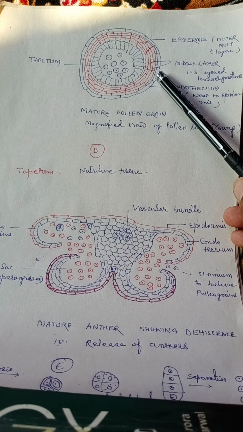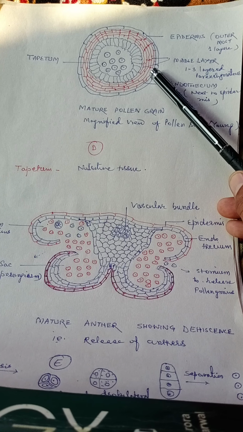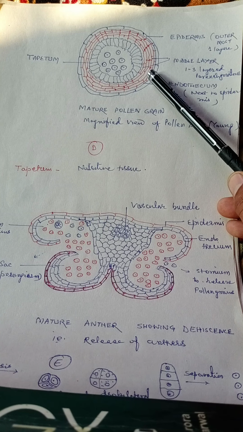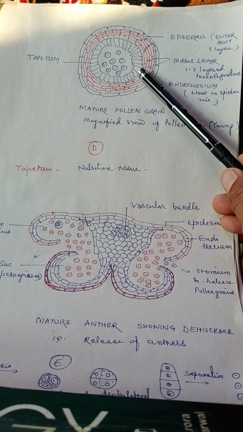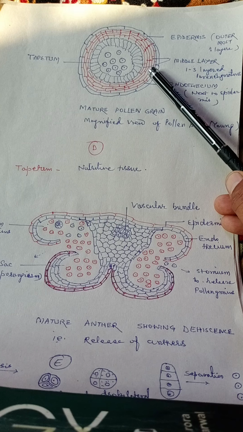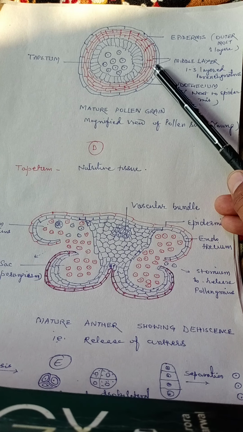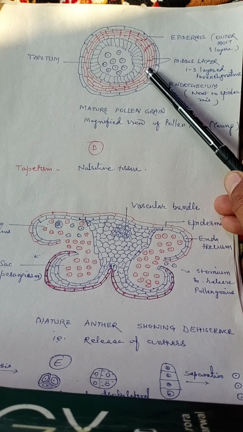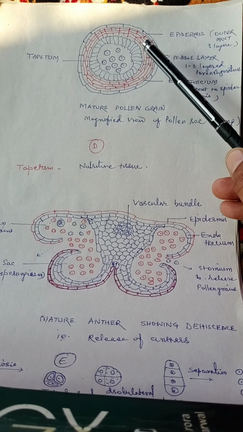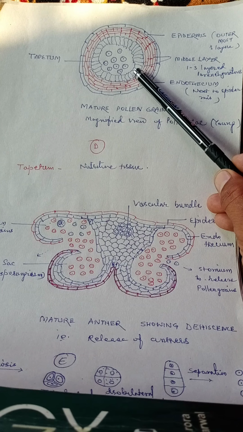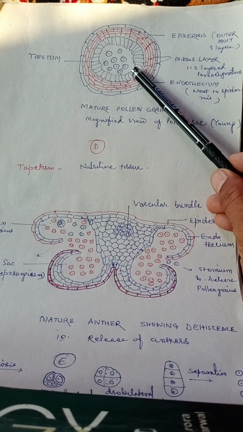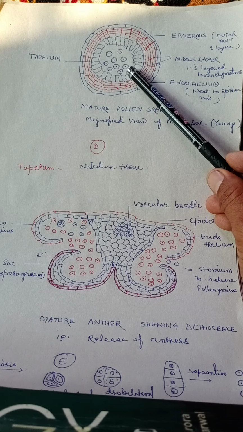Next to epidermis is endothecium, followed by 1 to 3 layers of parenchymatous cells, that is middle layer, and the innermost is tapetum. Out of these four layers, the three outer layers, that is epidermis, endothecium and middle layer, are protective in nature, whereas this innermost tapetum layer is nutritive. It supplies nutrients to the developing pollen grains.